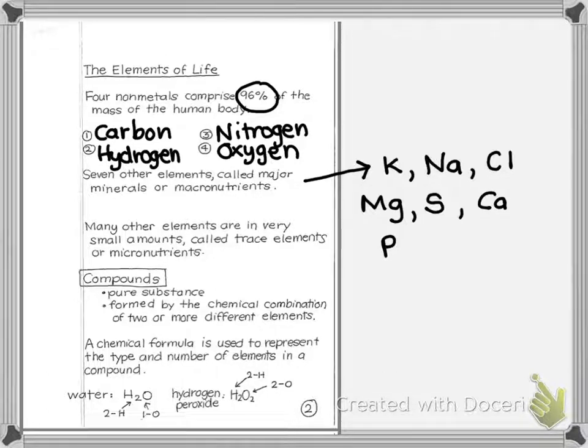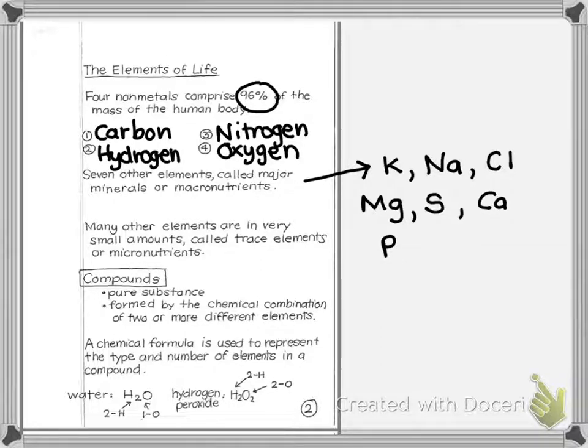And then there's a lot of other elements that are also found in our body called trace elements or micronutrients. These are very small amounts that are needed in our daily diet. But it's things like arsenic, iodine, iron, silicon, things you might not expect.